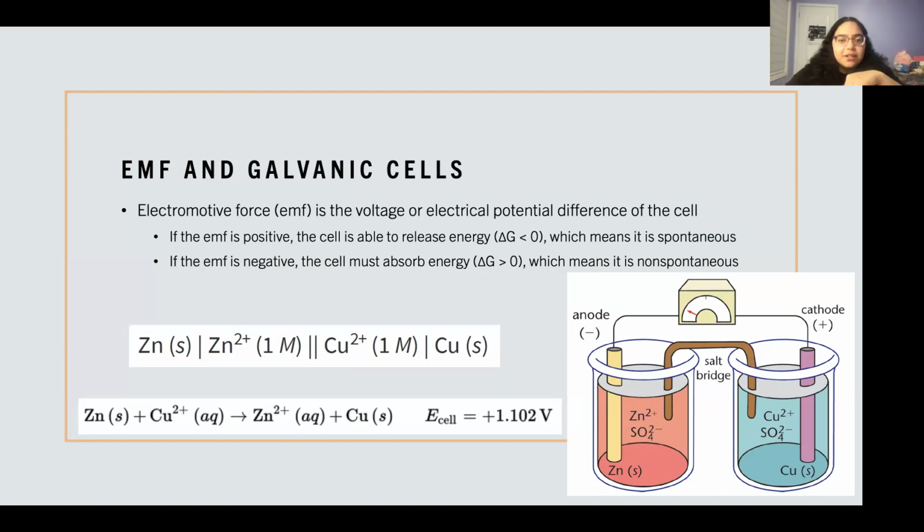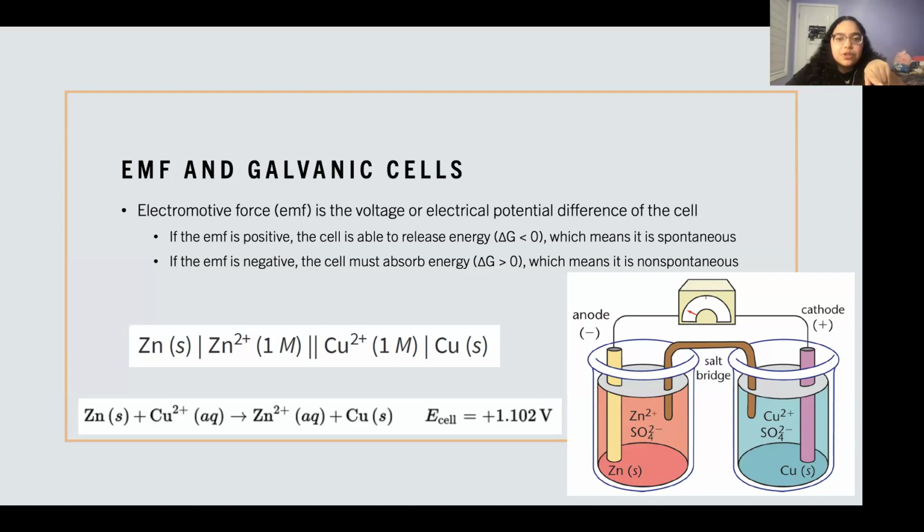You have the half cell reactions, which come down to the net reaction. The half cell reactions are Zn solid going to Zn2+ and 2 electrons, and Cu2+ plus 2 electrons going to Cu. And then for the net reaction, the 2 electrons on both sides cancel out.